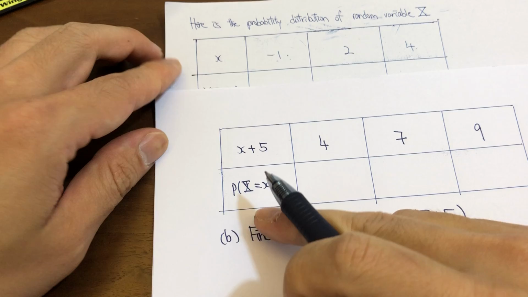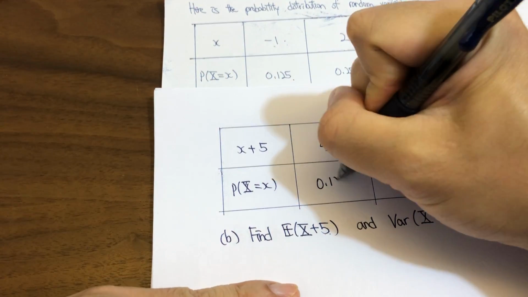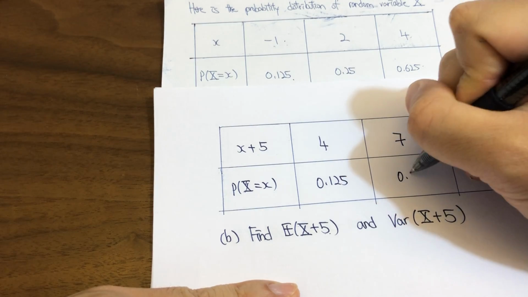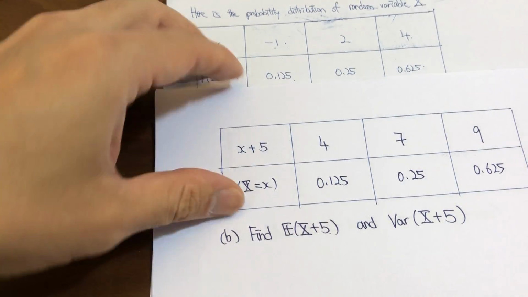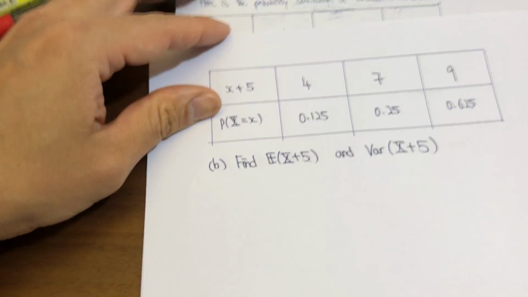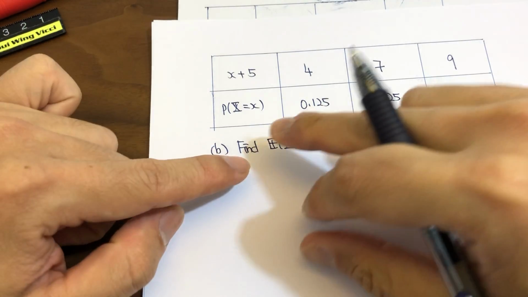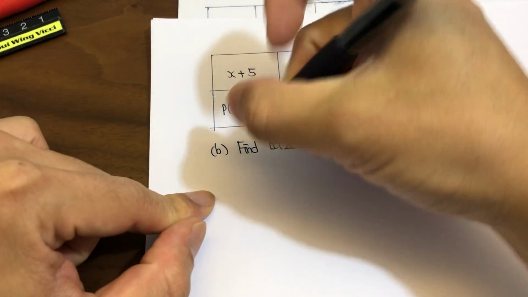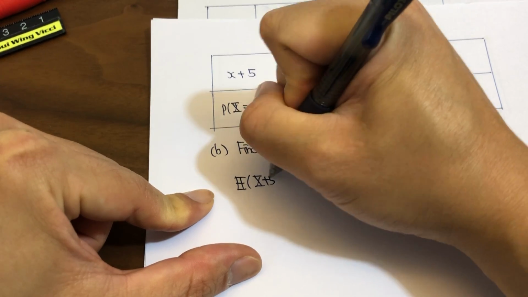And then what about the corresponding probability? It just remains the same. So we have 0.125, 0.25, and 0.625. Okay. Now we've got the probability distribution, and now we are ready to find the expected value of x plus 5.